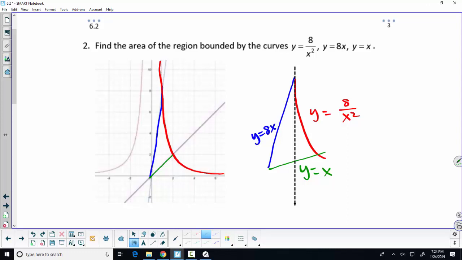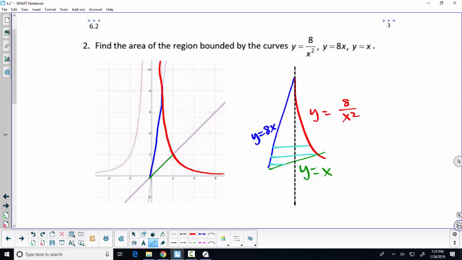Wouldn't you have to split it up if you integrate with respect to y as well? Right, so what happens if we integrate with respect to y, then we have our rectangles doing this, from here to here, from here to here. Then it changes. Now it's red minus blue, red minus blue, red minus blue, all the way up. So it's just extra work to switch.